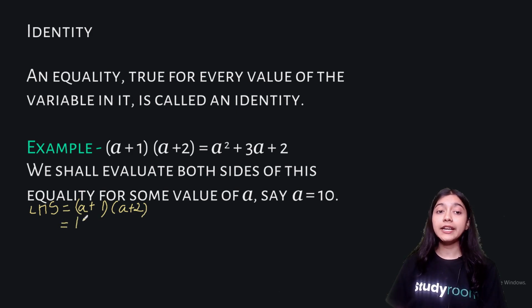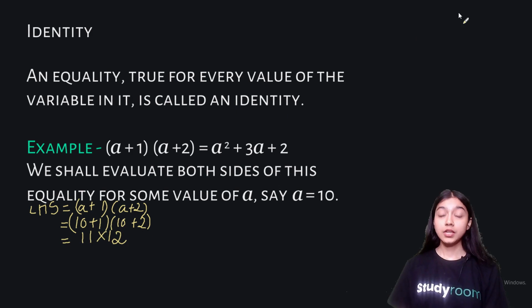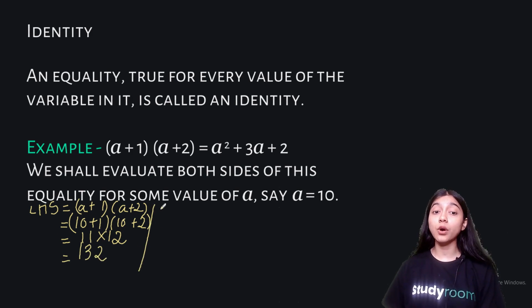So I'll get 10 plus 1 and 10 plus 2. 10 plus 1 is 11 and it is multiplied with 10 plus 2, which gives us 12. So when we multiply 11 into 12, we ultimately get 132.